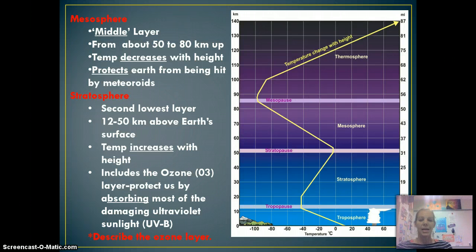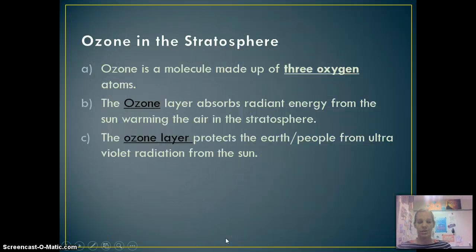This is another layer that protects us, this time not from meteoroids necessarily, but actually from ultraviolet B rays. And so the stratosphere has a layer of ozone, which we're going to talk about more specifically so that you can answer this question perhaps later on in a quiz.